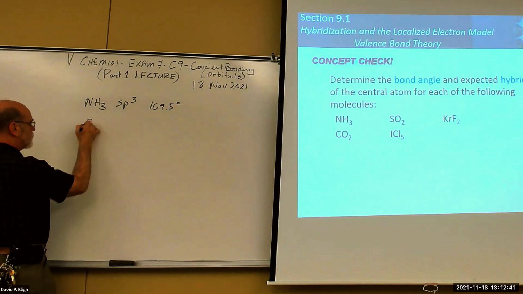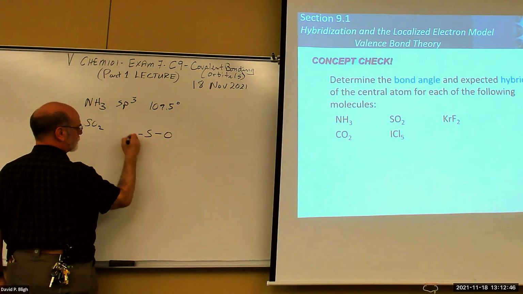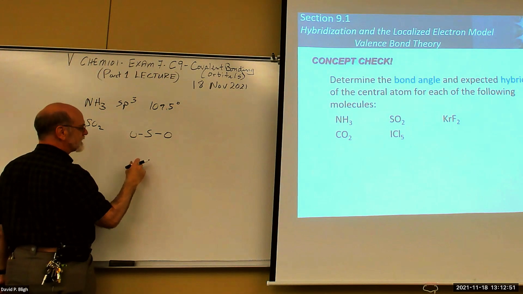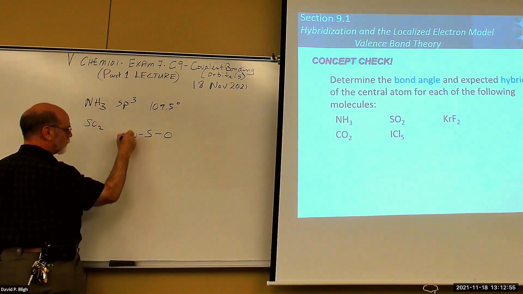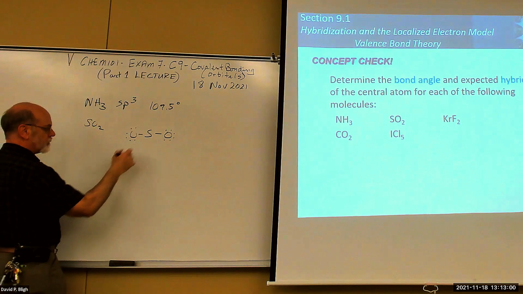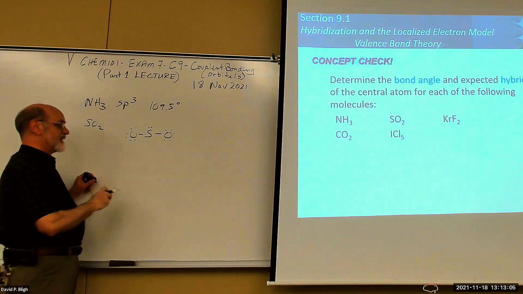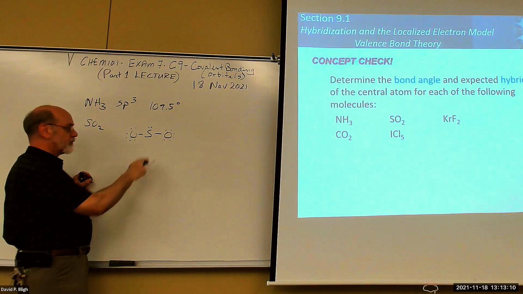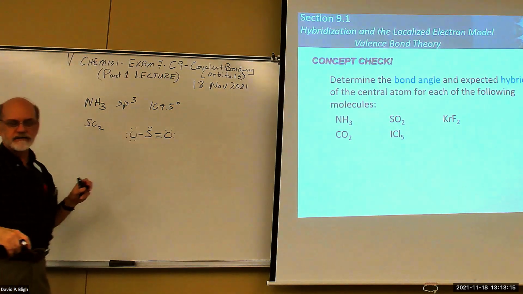How about SO2? Well, let's see, we might have to draw that. Okay, sulfur and oxygen in the same family, so 3 times 6 is 18. 2 times 4 is 8, 8 from 18 is 10. Those are used up. And we've got an extra lone pair there. Okay, so how do we make an octet? Well, we have two possibilities. We can make a double bond on this side, or we can make a double bond on the other side.